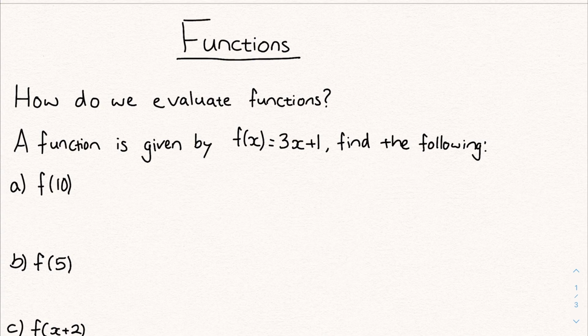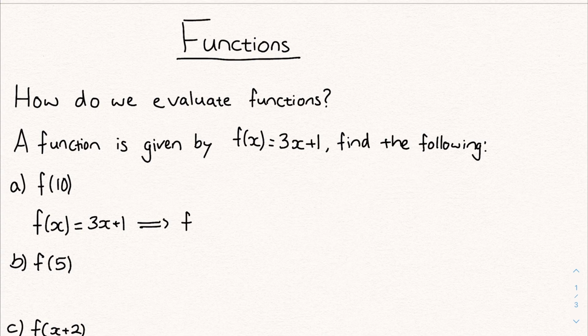So in this example here, we've been told a function is given by f(x) equals 3x plus 1. And first of all, we've been asked to find f of 10. So all that we're required to do here is to replace our x with 10. So we'll write out f(x) equals 3x plus 1. Then we want to replace all our x's with 10.